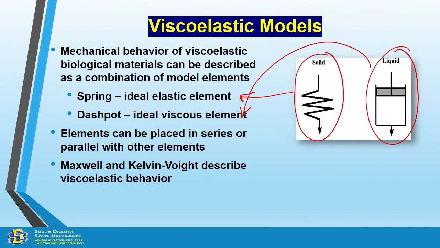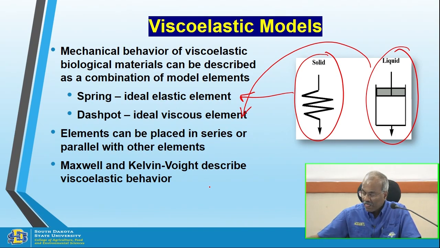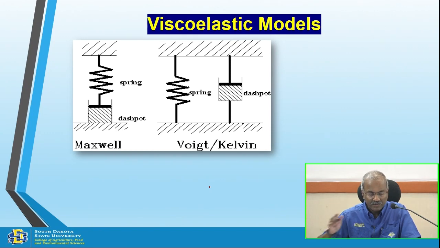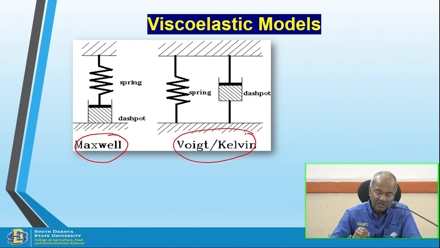And then Kelvin-Voigt said they will go in parallel, and that's the creep model. One is the stress relaxation model, the other one is the creep model. Spring and dashpot in series, Maxwell model. Spring and dashpot next to each other in parallel, that's called the Voigt-Kelvin or Kelvin-Voigt model.